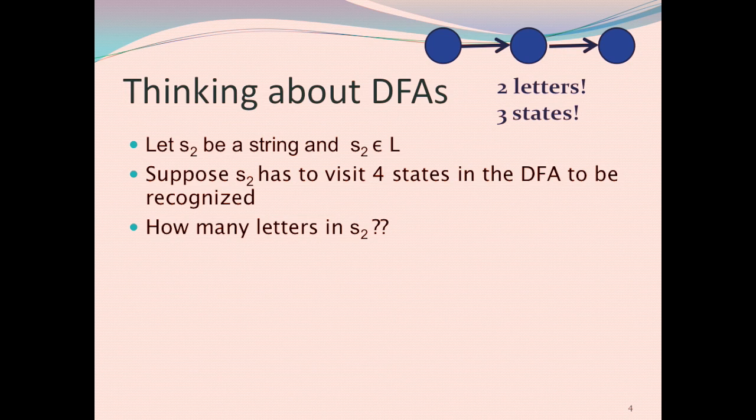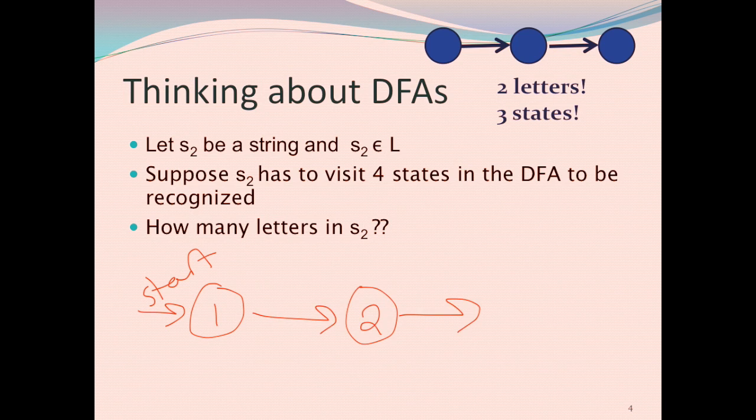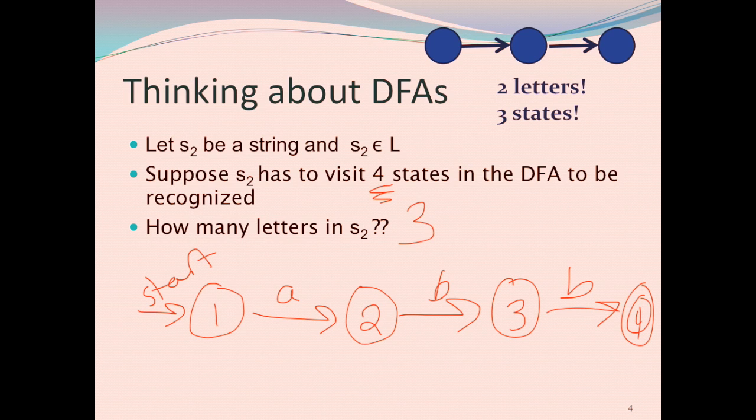Well, if you think about it, we have to visit 1, maybe there's the start. We visit state 1, and then state 2, and then state 3, and then state 4, and we accept it at state 4. So maybe my string is A, B, B. So if we visited 4 states, 3 letters in my string.